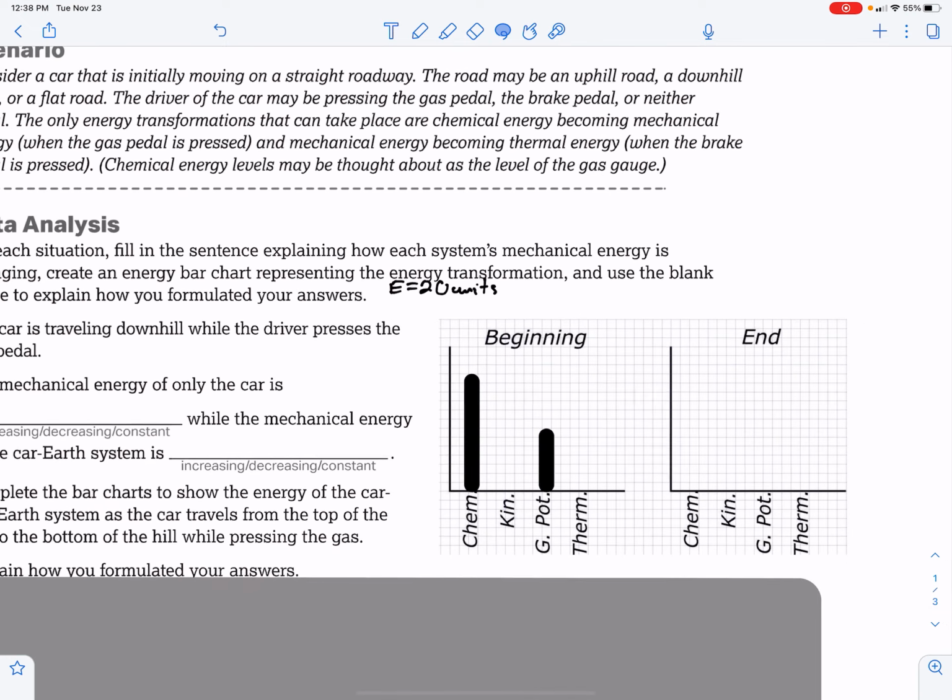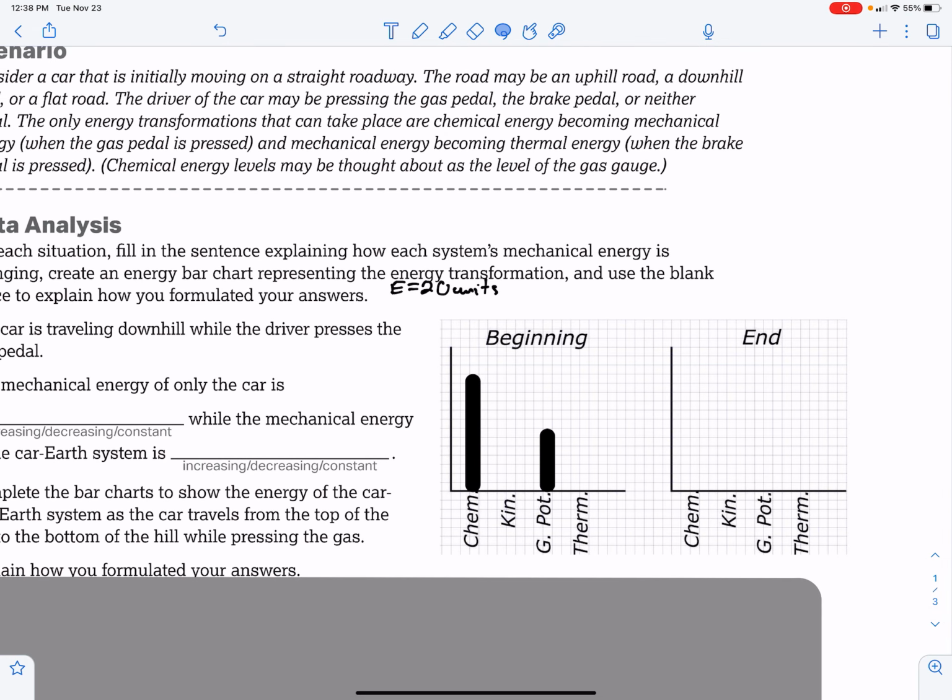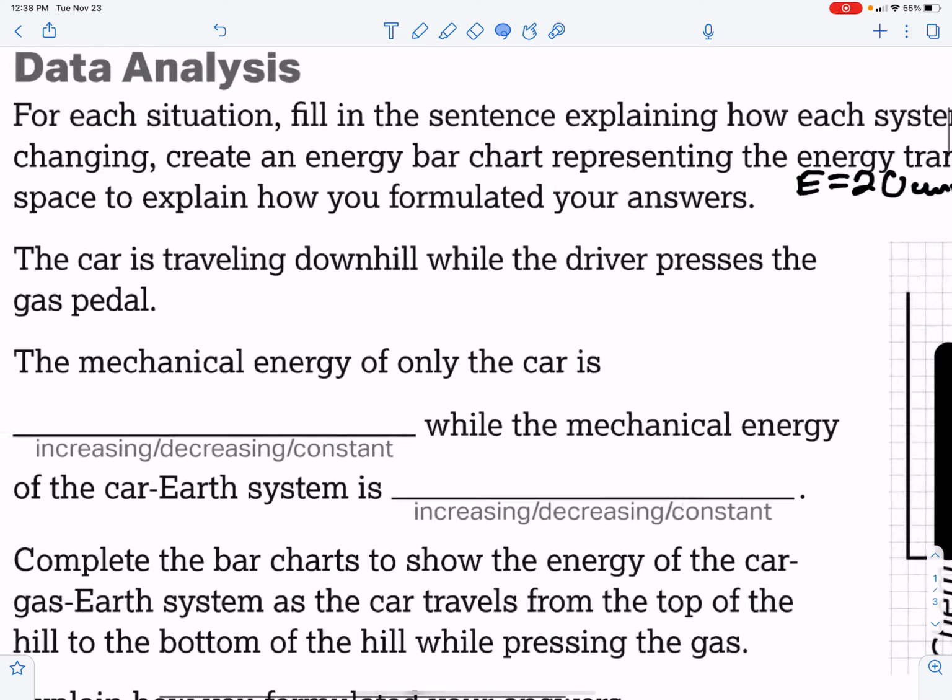But now, as you're going downhill, your gravitational potential energy will decrease to 0 and it will become kinetic energy. However, you're pressing the gas, which means you're going to increase the overall mechanical energy because some of it came from chemical energy.